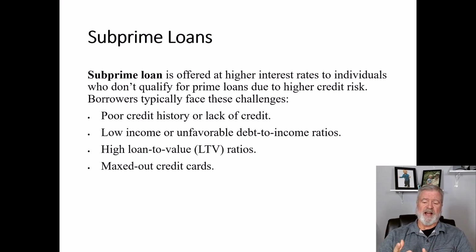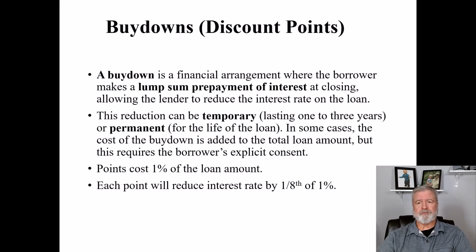Lender, if you're concerned that I can't pay it back to begin with on a normal loan, what makes you think I'm going to pay it back when you add all these fees to it and increase my interest rate? How is that going to help at all? So I don't really understand how they even get away with this, but that's what they call a subprime loan. If you got someone that really just cannot afford a loan, they'll give you a subprime loan just to make sure you can't pay it back, I guess. But anyway, that's what a subprime is.